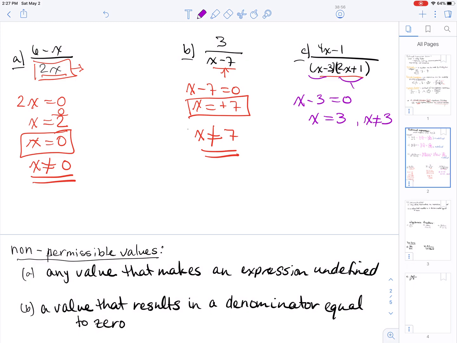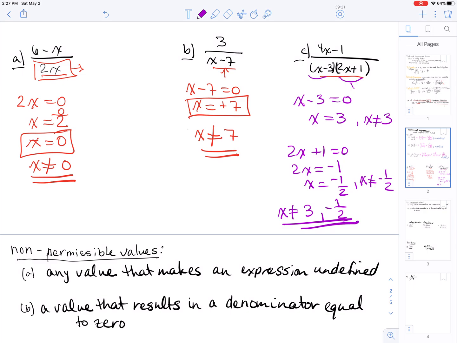Let's isolate out the second factor. It's 2x plus 1 equals 0. Let's solve for x. 2x equals negative 1, x equals negative 1/2. So in the second factor, x cannot equal negative 1/2. So in C, x cannot equal 3, and it also cannot equal negative 1/2. Those are the non-permissible values for C.